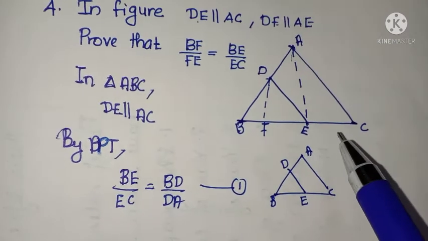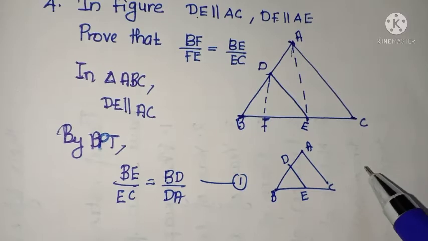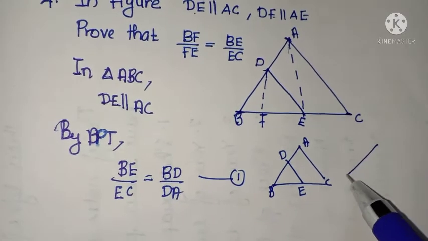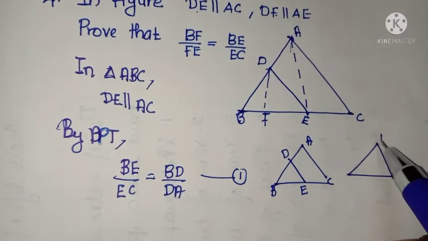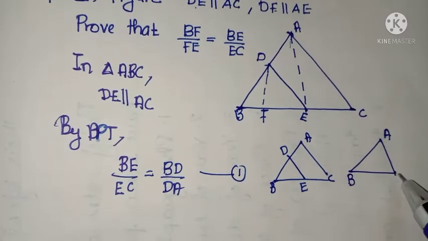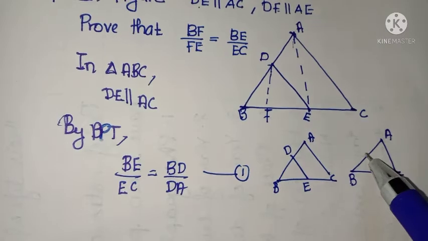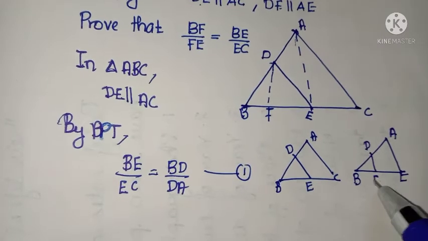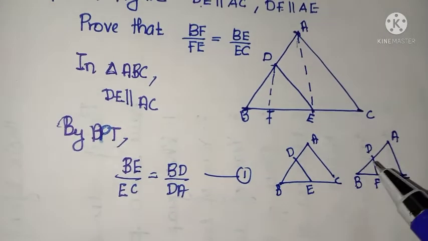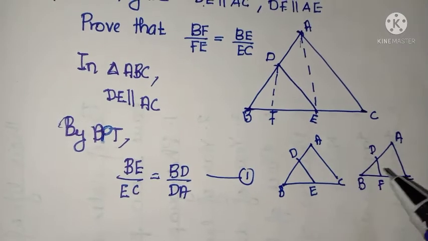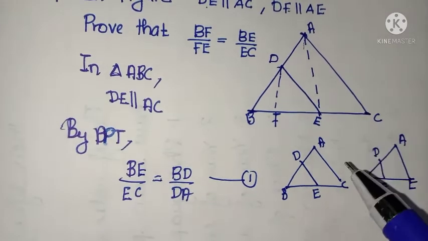Now select another triangle. Listen, the triangle ABE. See in this triangle ABE, we can see AE is parallel to DF. I separately draw the triangles for your convenience only.